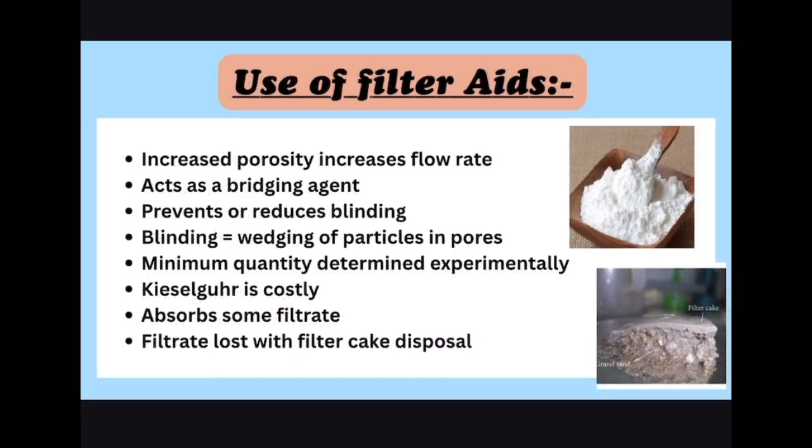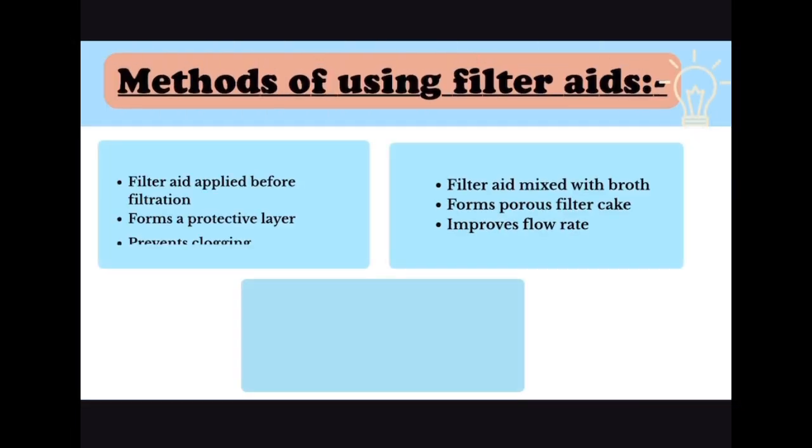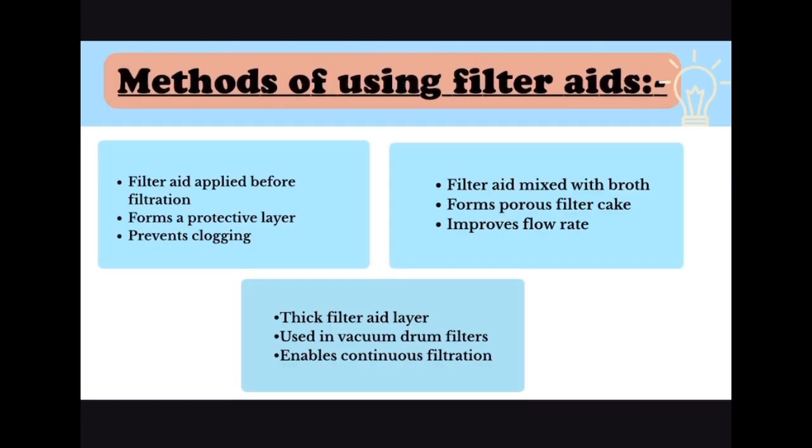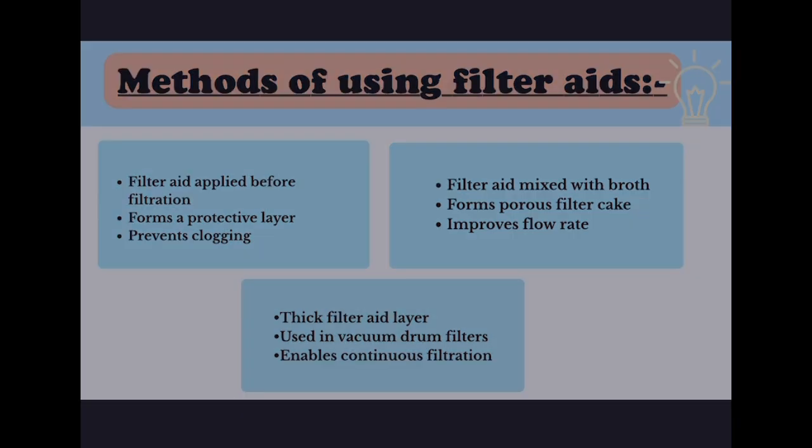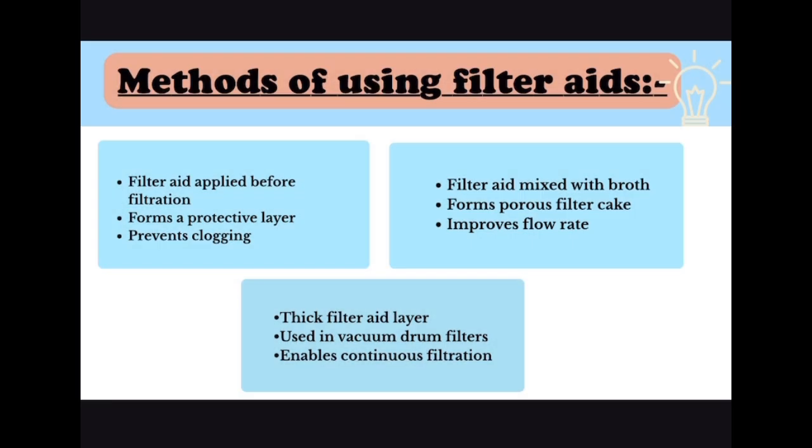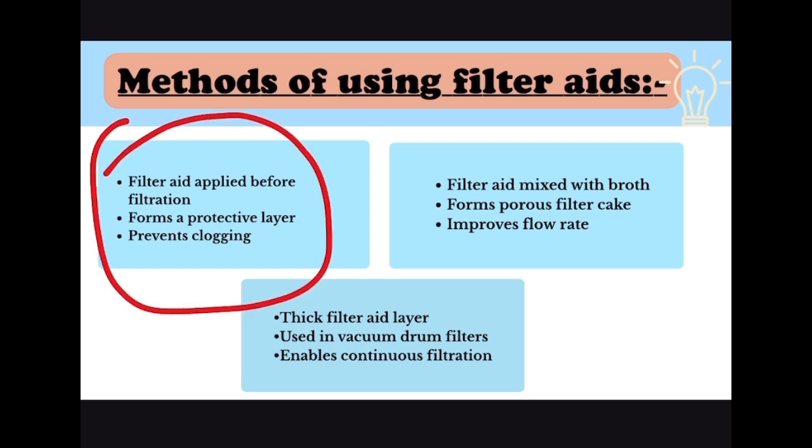There are three methods of using filter aids. The first method is a thin layer of filter aid, for example Kieselguhr, applied on the filter medium before filtration, and it prevents clogging of pores and improves filtrate clarity and flow rate.